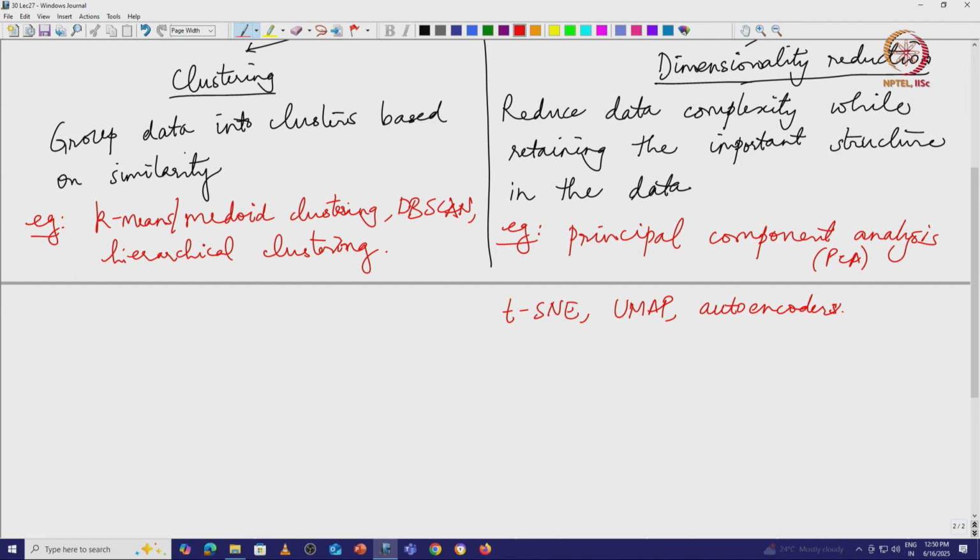For example, what are the most important features that can be used to predict, for example, the activity of a catalyst material, or the most important features that determine the structural integrity of a building, right, that will lead you to dimensionality reduction.